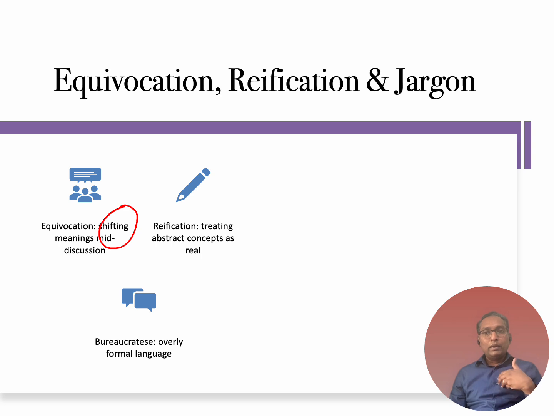But as one of the individuals in the discussion, if I change the meaning of the word, then it changes the dynamics of our discussion, right? That technique is called equivocating, shifting the meaning of a construct midway. So that's why before you start a conversation, it is important that you both are on the same page in terms of what each word means and stick to that throughout the discussion.